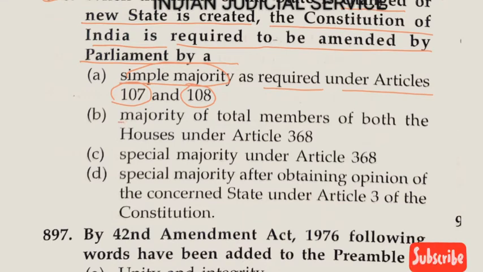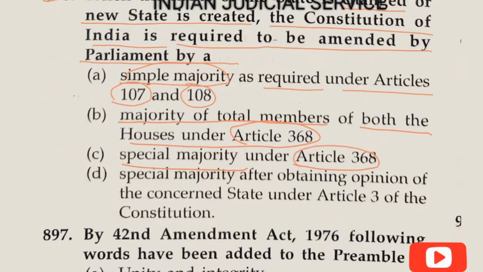Option B, majority of total members of both the houses under Article 368. Option C, special majority under Article 368. Option D, special majority after obtaining opinion of concerned state, Article 3 of the Constitution.